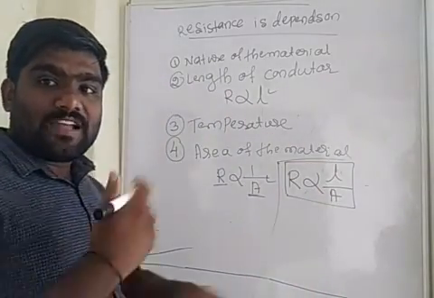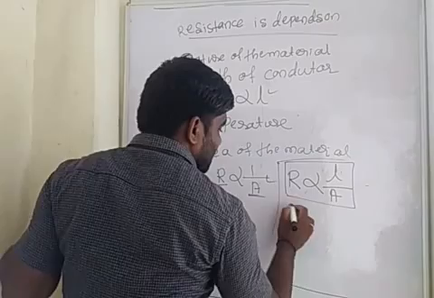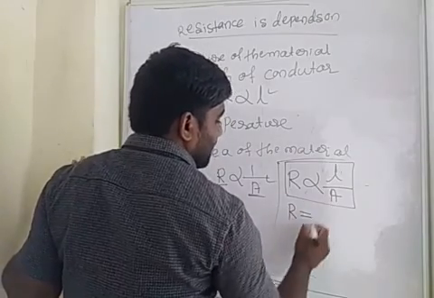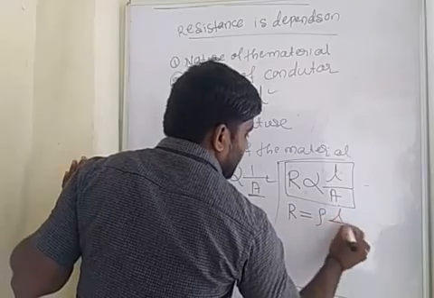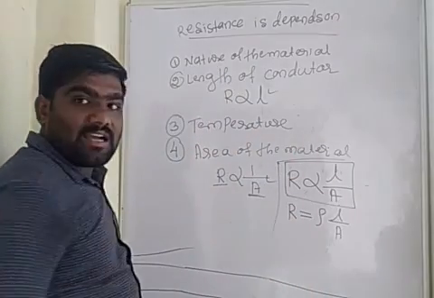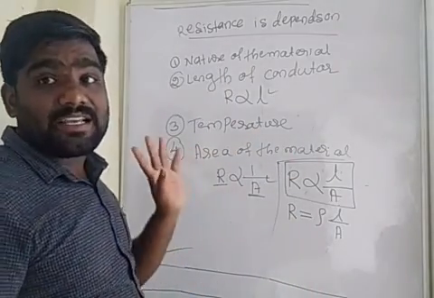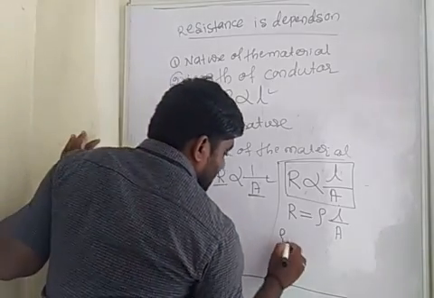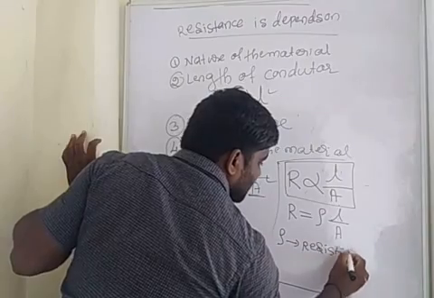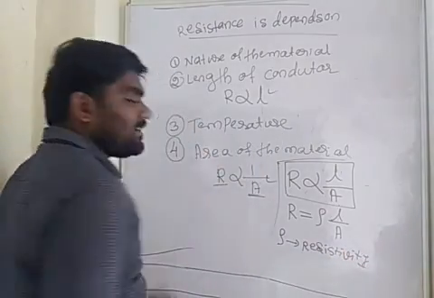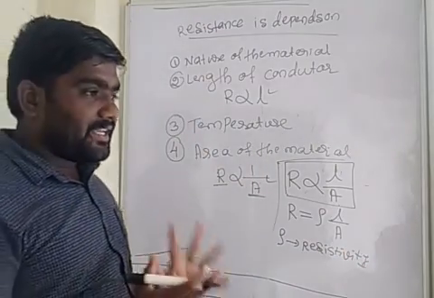This proportionality constant can be replaced by rho, so R equals rho L by A, where rho is called the resistivity of the material.